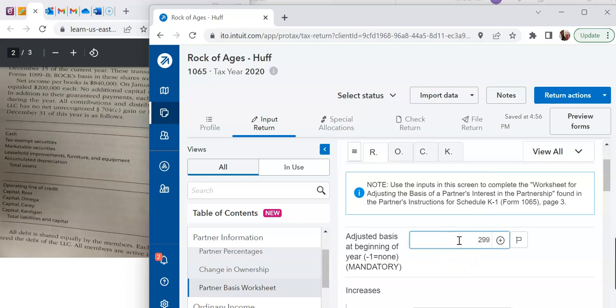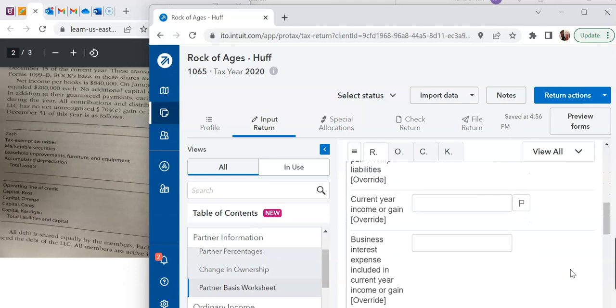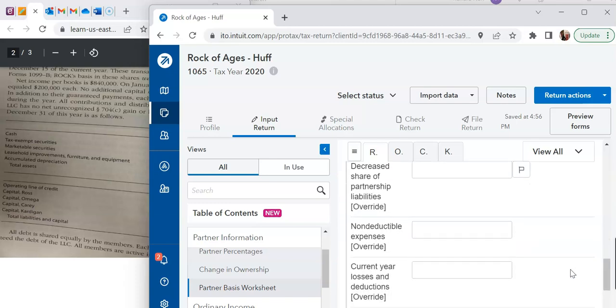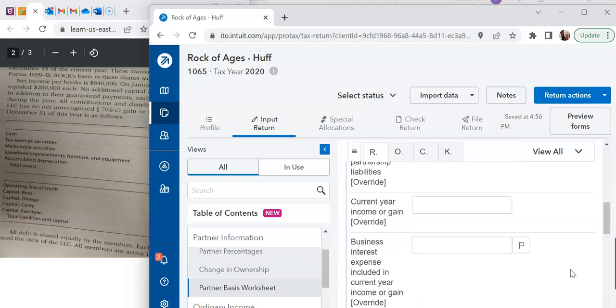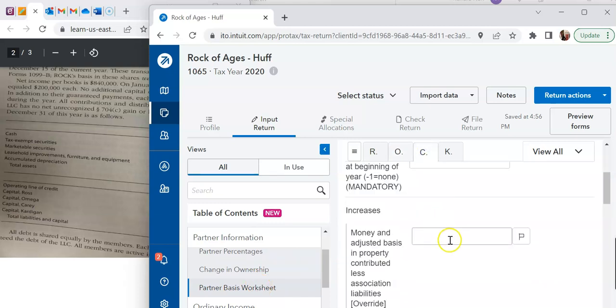So 200. And this all says override, so we'll find the right place to put that. But let me go ahead and put this. So I went to this partner basis worksheet. We'll see if that works.